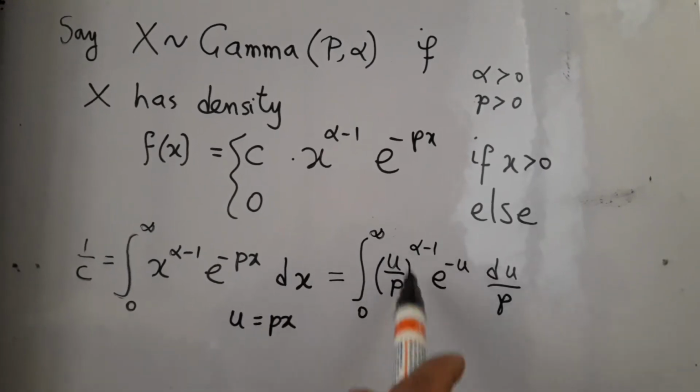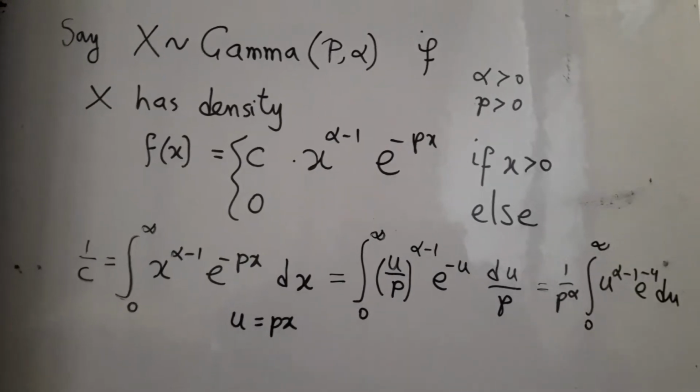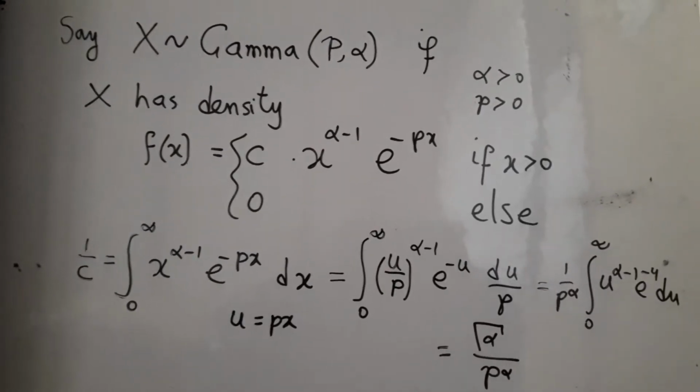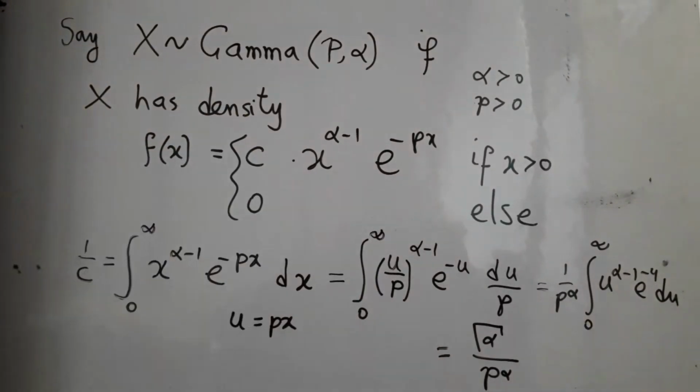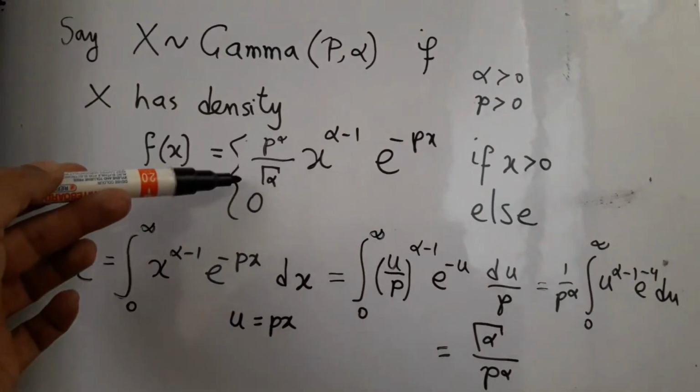Collecting all the p's, we have alpha minus 1 here and 1 here, we get 1 by p to the power alpha times the integral, which we immediately recognize as the gamma integral. So it is gamma of alpha divided by p to the power alpha. Its reciprocal is C, so we can write it down as p to the power alpha by gamma alpha.